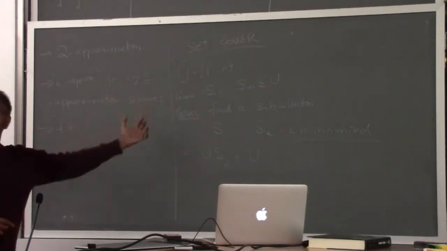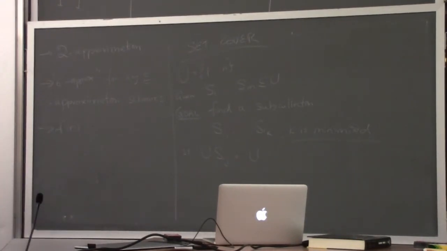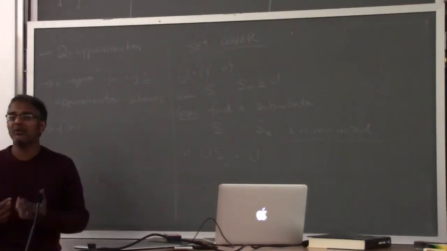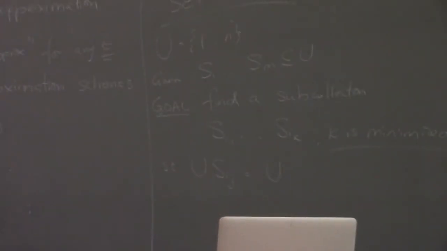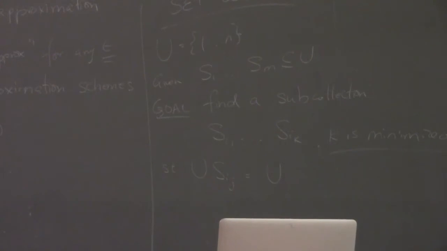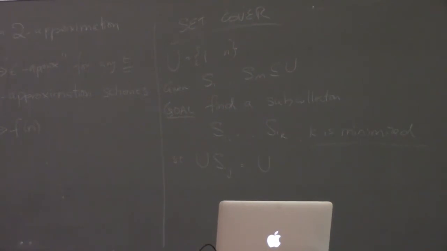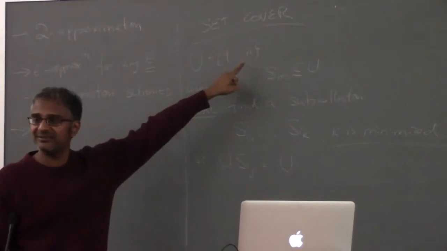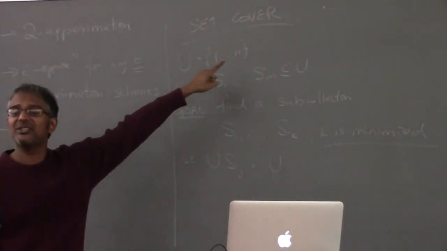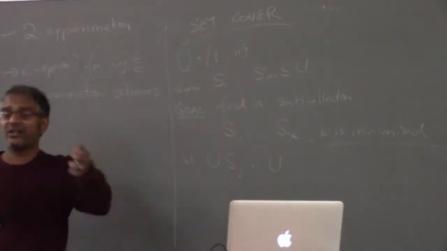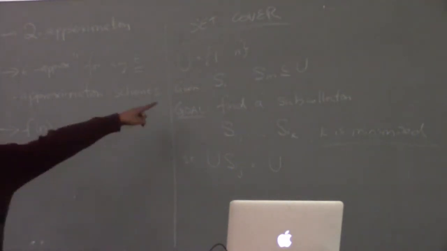What would the corresponding argument here be? If you had to translate that vertex cover approximation into a set cover, what would happen? Take an edge and take the two vertices around it. Here that corresponds to take an element, because the element is an edge, and take all the sets that touch that element.